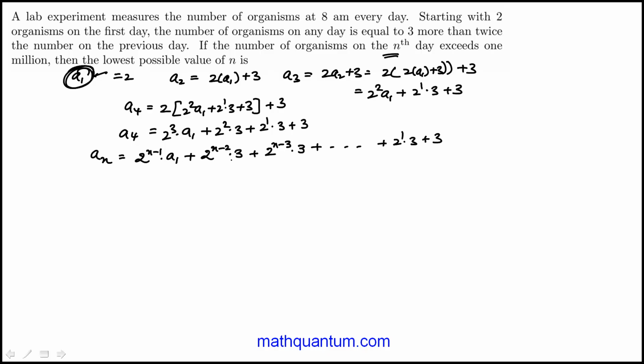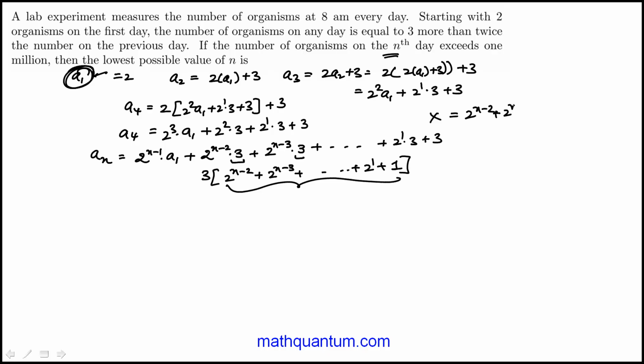Now you'll note these all have this multiple of 3, so if I factor it, you'll get a geometric series inside. And sometimes I remember this formula, but sometimes I like to just do it again from scratch on the exam. I don't know, that's just me. And the way you do this is multiply by the common ratio, which is 2, so double it.